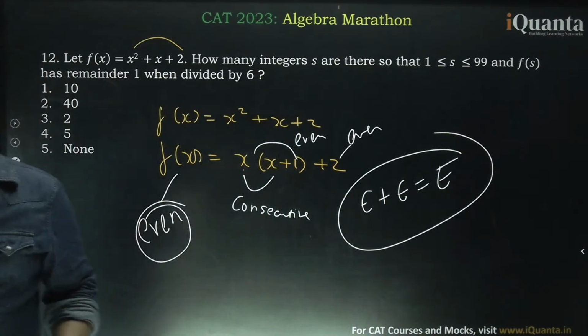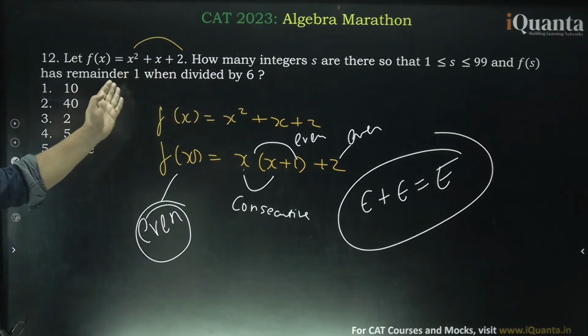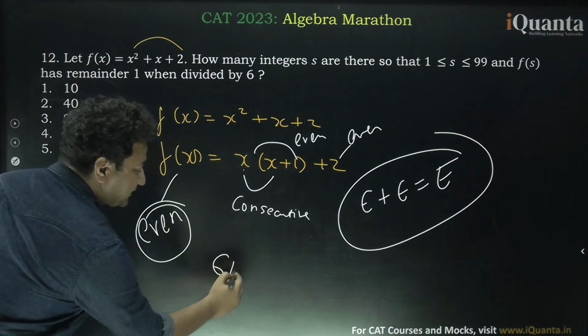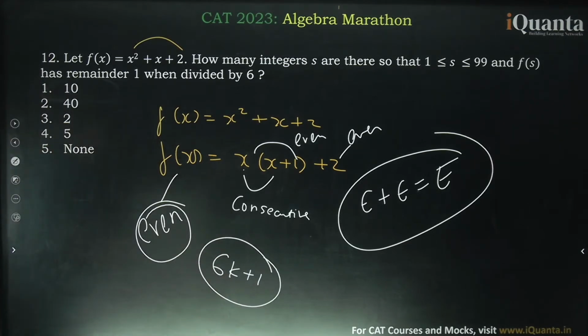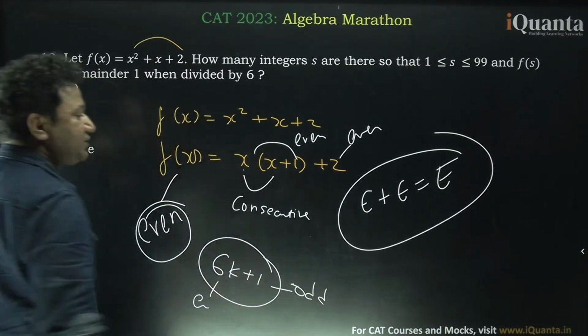Now when you divide something by 6 and the remainder is 1, that means that value will look like 6k plus 1, isn't it? k is the quotient and 1 is the remainder. This will always be odd because 6k is always even and even plus 1 is odd.